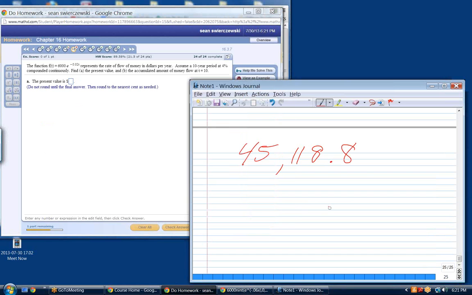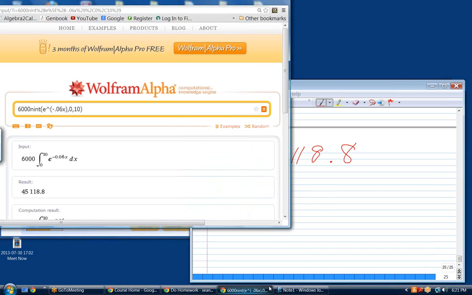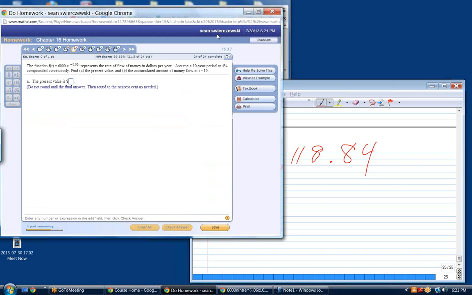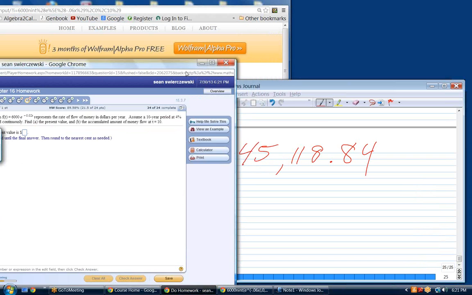They do. 45,118.84 rounded. That's pretty crazy when we have to use two calculators to do this. Actually, we didn't, but I mean, we could have gotten by with just yours.